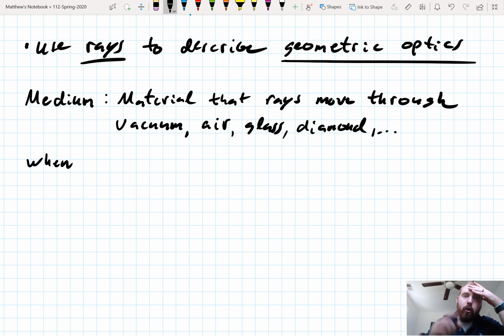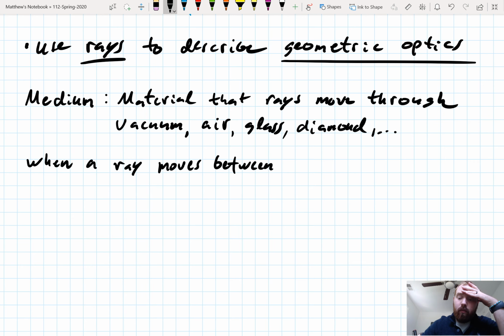There are tons of different types of mediums out there. And now, critical stuff. This is going to be what we're focused on now. When a ray transitions, right, or it moves between mediums, two things will happen.